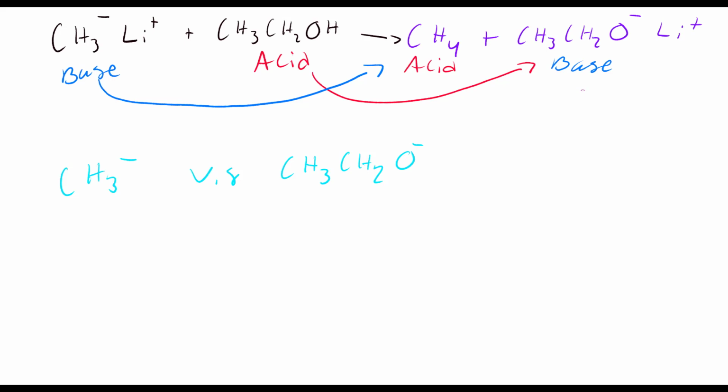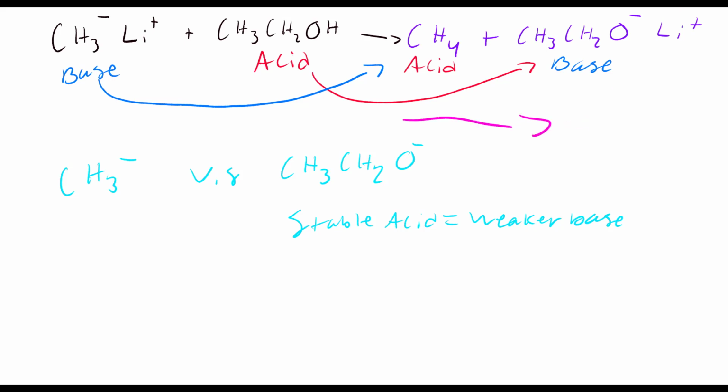And that oxygen is more electronegative because it's closer to fluorine than carbon is, right? And because it's more electronegative, it's going to be the more stable base because it's more acidic. The more stable an acid's conjugate base is, the weaker the base. And since this is a weaker base, we tend to prefer it. Nature tends to prefer the weaker side. Therefore, we can say strongly that this side is preferred.